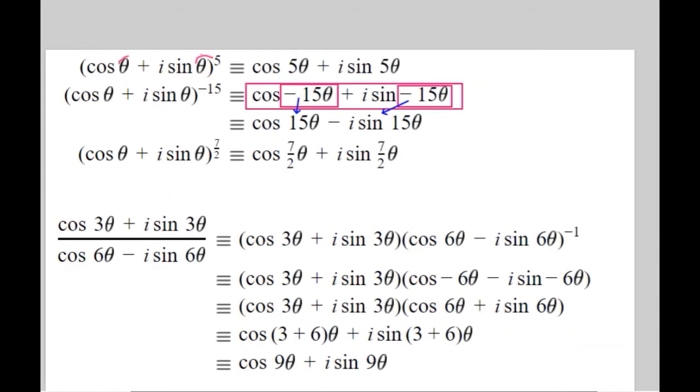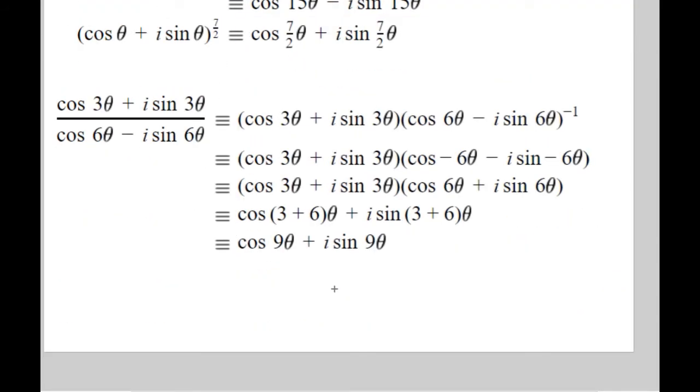Okay, so finally, this last lovely one here: cos 3 theta plus I sine 3 theta over cos 6 theta plus I sine 6 theta. I've taken another route for this one, because the repetition of doing the complex conjugate of the denominator might start to get on people's nerves. What I've done is multiply it by minus 1 in terms of the power.